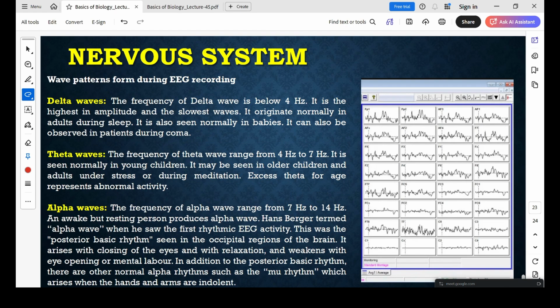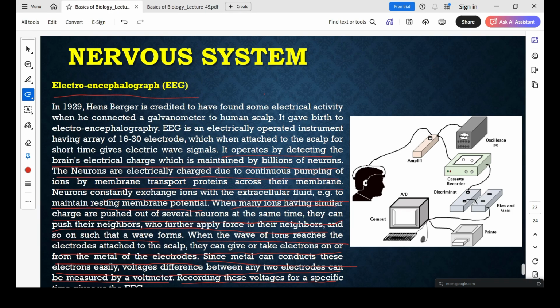There are different wave patterns that happen during EEG recording, and the EEG recording is also done at specific times. It can be done when a person is just sitting, when the person is sleeping, when a person is drawing, or when the person is observing particular images which trigger something specific inside the brain.